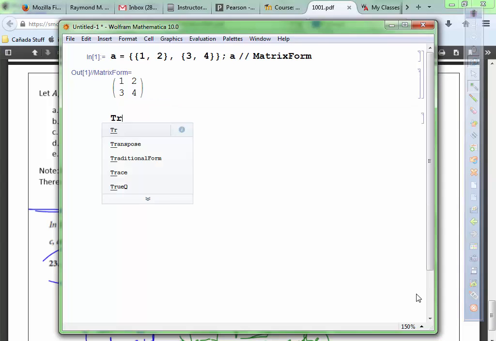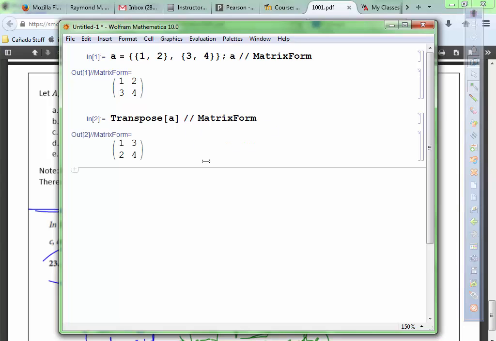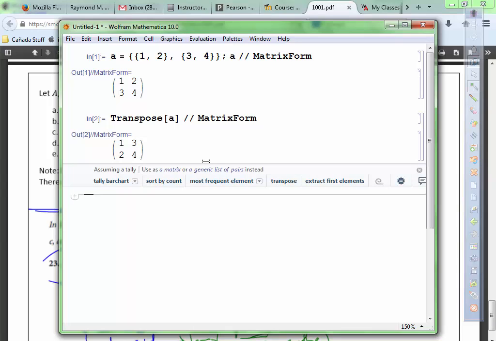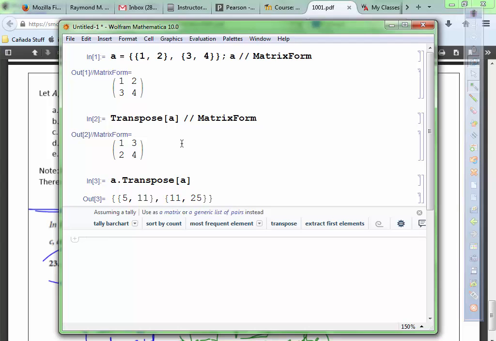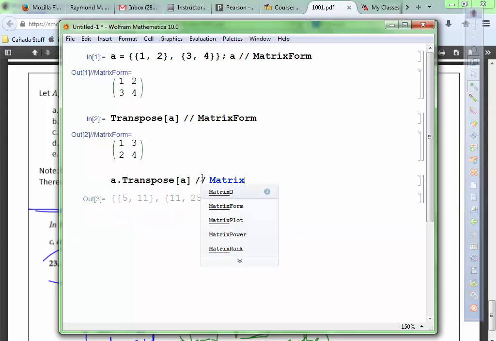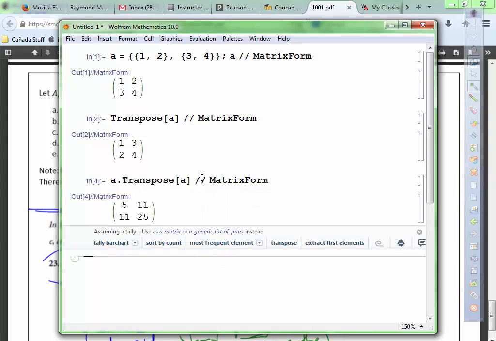We take the transpose of A. Transpose is just switching the rows and the columns. Now let's multiply it. Oops. Let's make this into matrix form. So what's the trace of this?